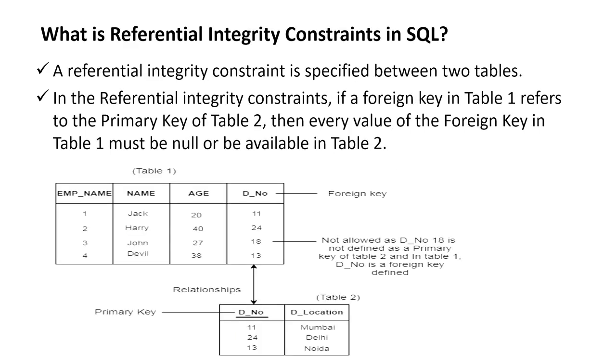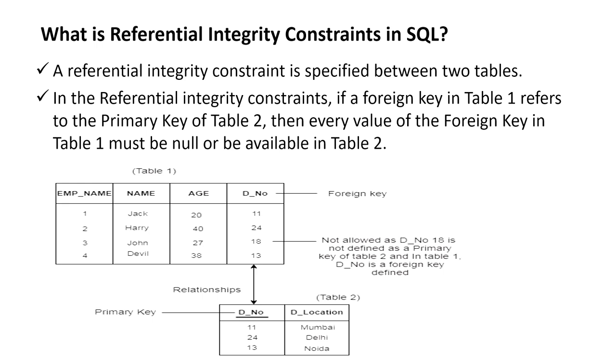What is a referential integrity constraint in SQL? A referential integrity constraint is specified between two tables. In the referential integrity constraint, if a foreign key in table 1 refers to the primary key in table 2, then every value of the foreign key in table 1 must be null or be available in table 2. So see the below example. We have two tables.